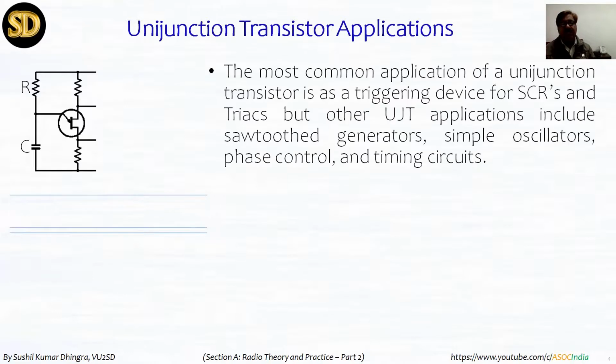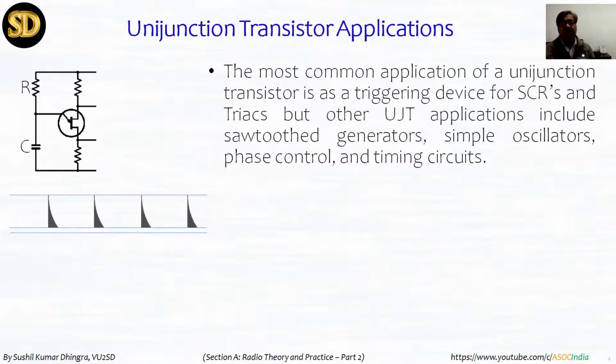If you see this wave shape, I am going to show you later. This one is the wave shape, how C is being charged and discharged, charged by R, discharged by UJT. Result, small pulses are being generated due to UJT, and these are the output pulses.